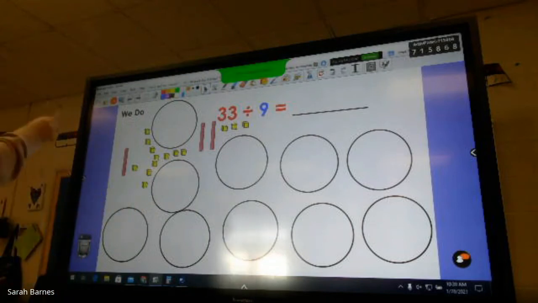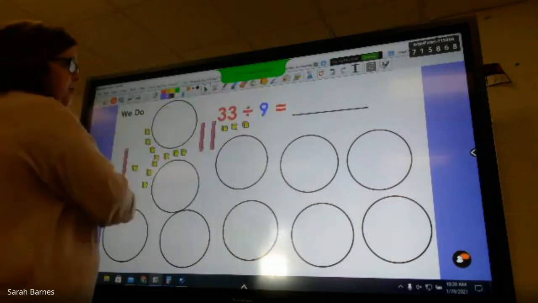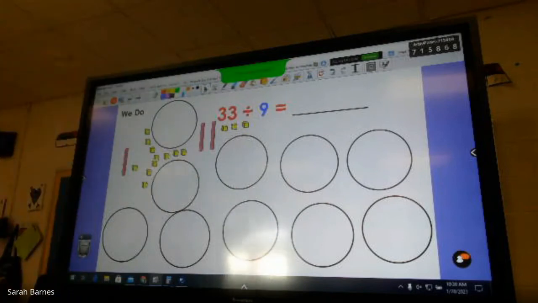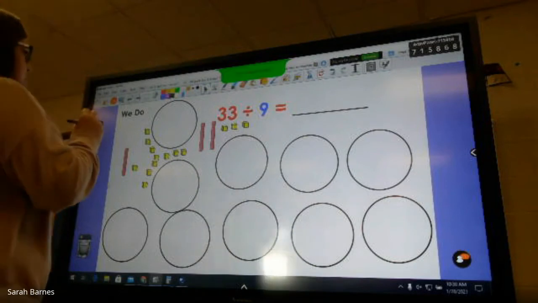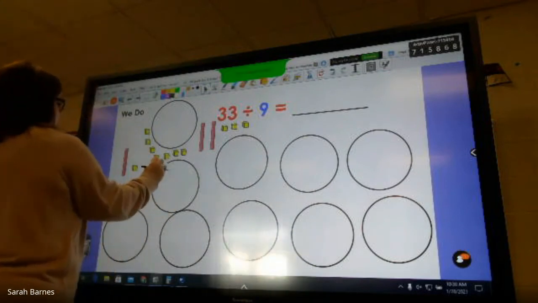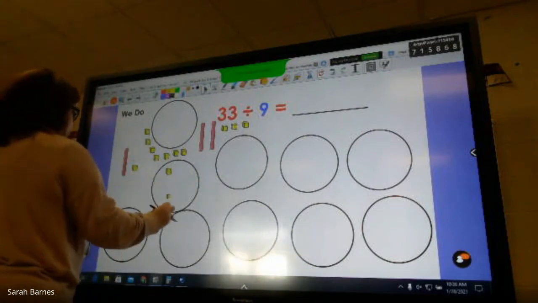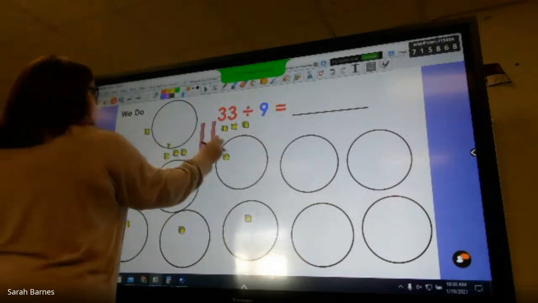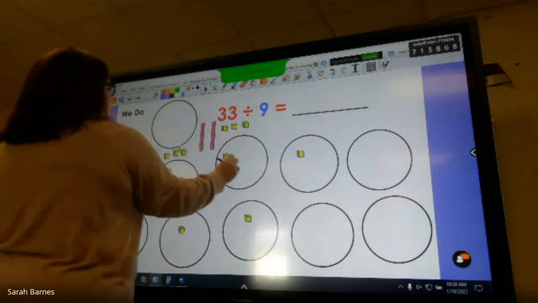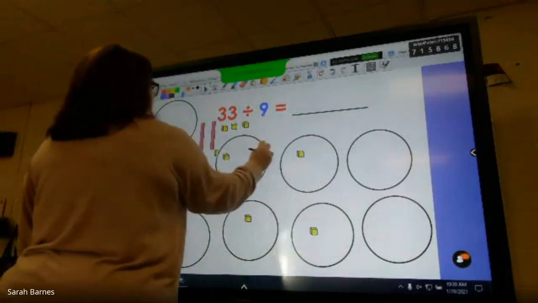So now I have enough 1s that I can put 9. I can put 1 in each circle, right? Because I have 10. Okay. So I'm going to put 1 in each circle. So 1, 2, 3, 4, 5, 6, 7, 8, 9.